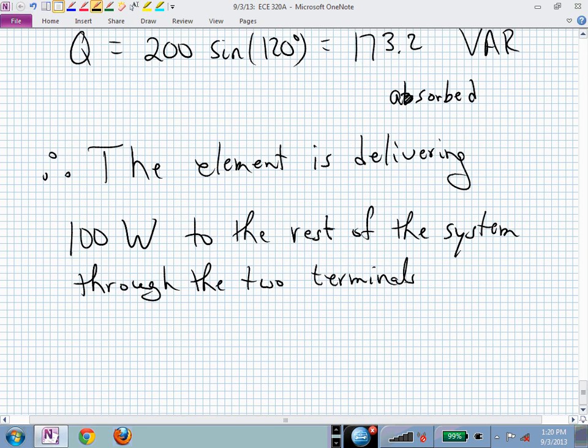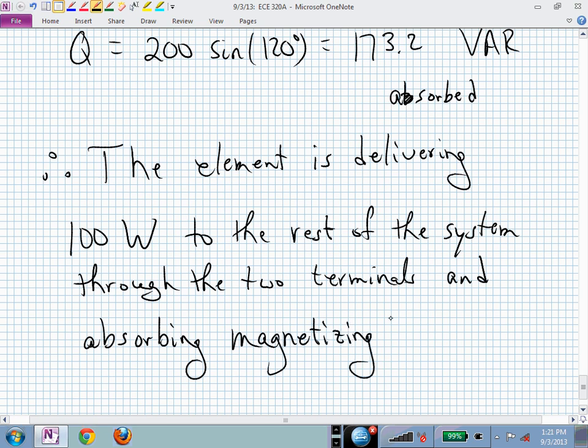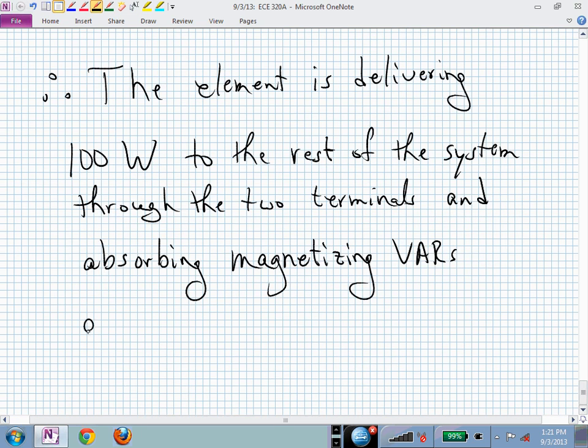Through the two terminals that were given, and it's absorbing, since they were positive, magnetizing VARs at its terminals.